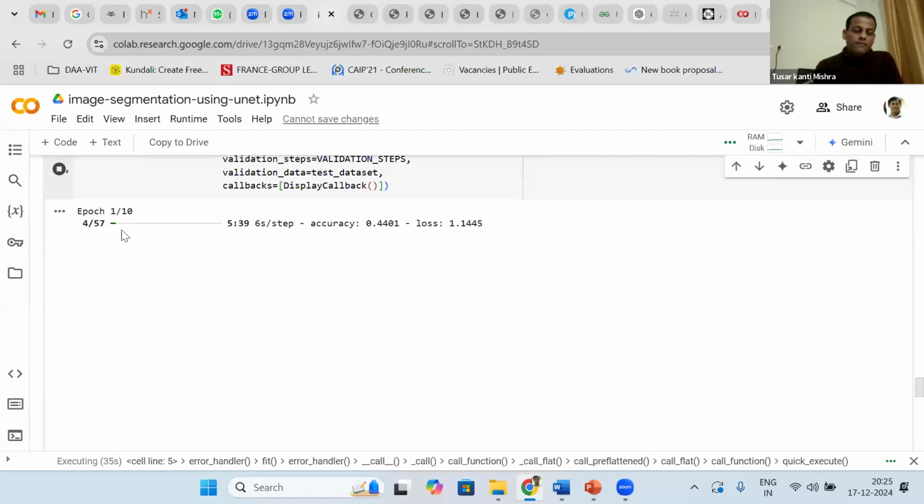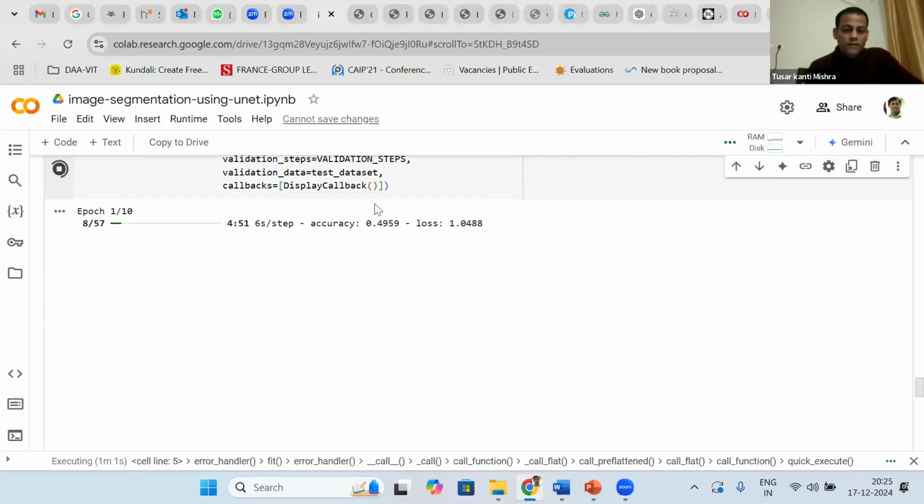It's taking a bit of time. 4, until 5. We can also observe the performance there: accuracy 47% so far. 48, the accuracy is improving.